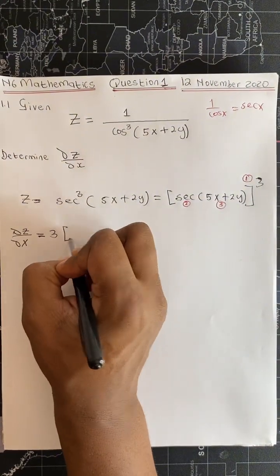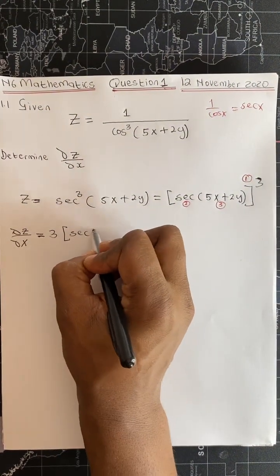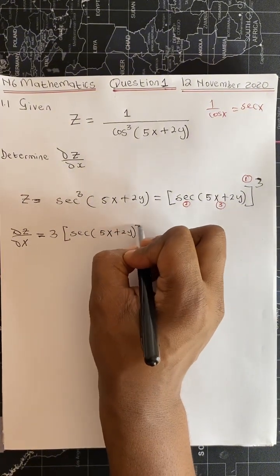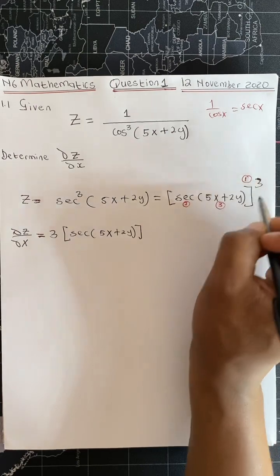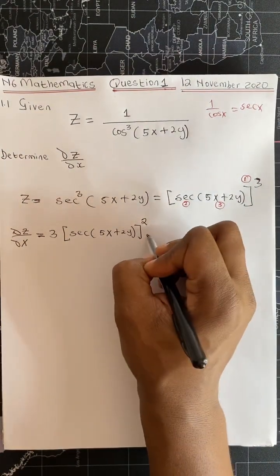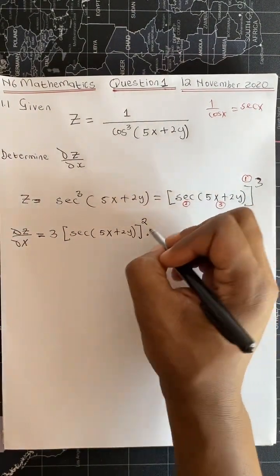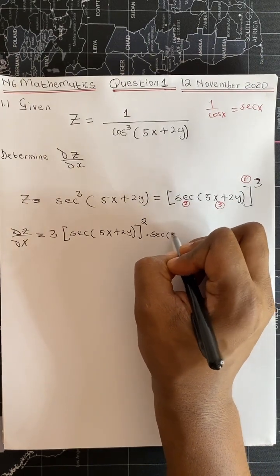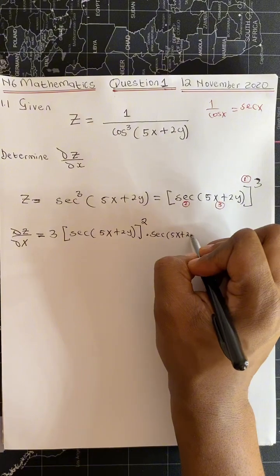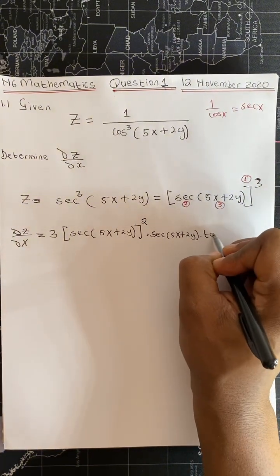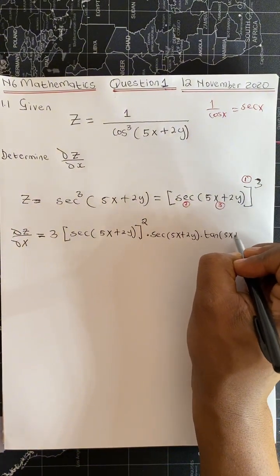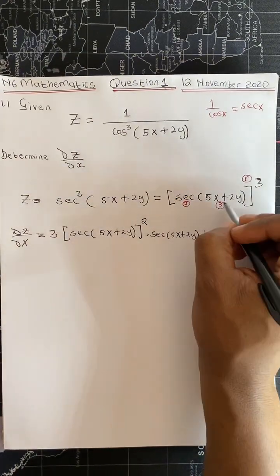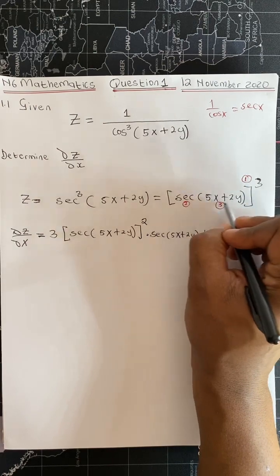So we'll have 3 sec of 5x plus 2y. The 3 minus 1 will be equal to 2, multiplied by the derivative of the sec, which is sec tan. So it's going to be sec of 5x plus 2y tan of 5x plus 2y, and then number 3, the derivative of what's inside the sec.